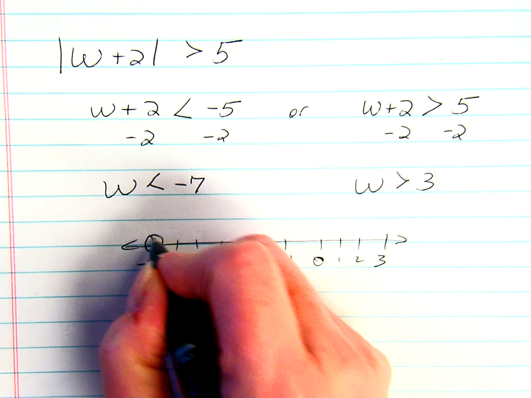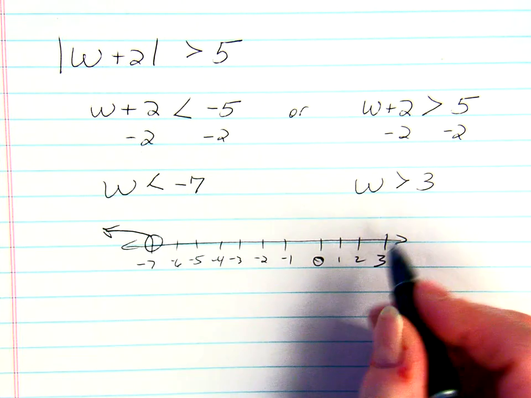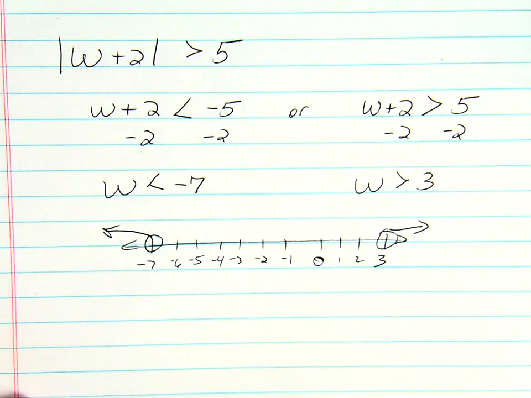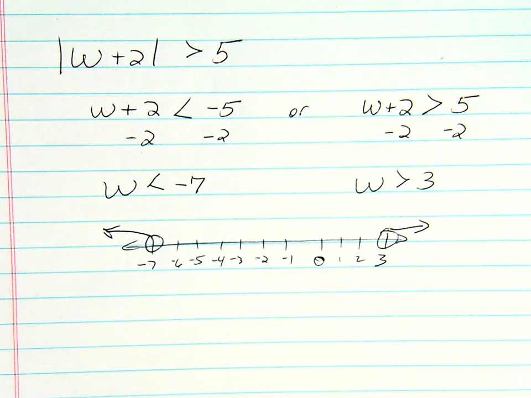So W is less than -7, going this way, and W is greater than 3. It's like graphing our ors rather than our ands. Pretty much that is really all you need to know.